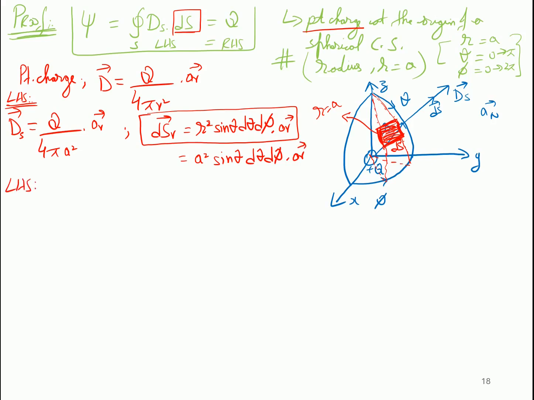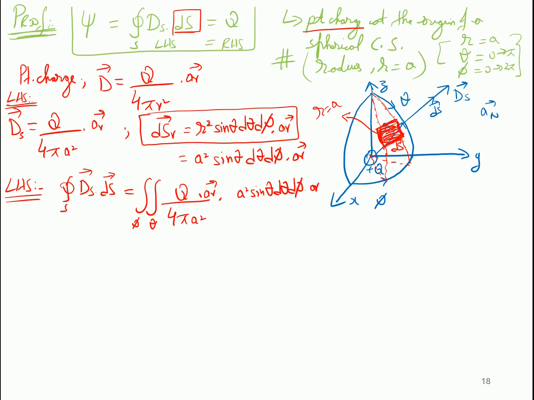So the left hand side equation comes out to be the integral over the closed surface S of d dot d of s, which is equal to, since this is a surface integral, a double integral. The double integral covers the angles theta and phi, because the radius is taken to be a, and the equation for d comes out to be q divided by 4 pi a square into a of r, and d of s comes out to be a square sine theta d theta d phi with a of r unit vector.